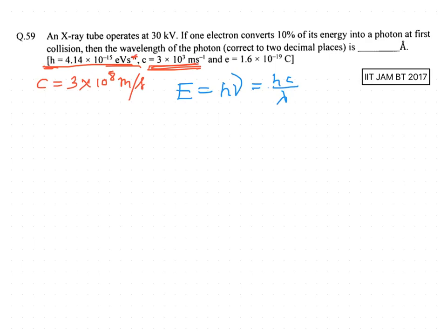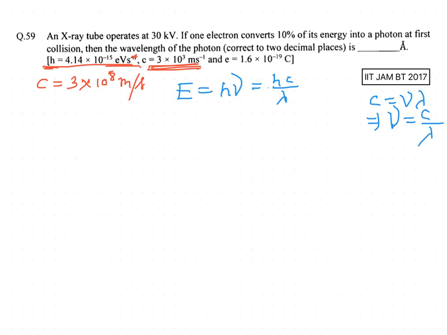If you ask how I get nu equals c by lambda, I should mention that velocity c is equal to nu lambda, that is frequency times wavelength. From here we get nu equal to c by lambda.